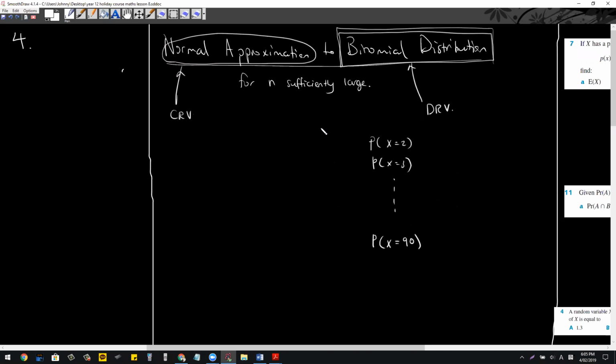The first way is you can do the normal approximation. You treat the binomial as if it's normal. And the second one is to use binomial CDF rather than PDF.